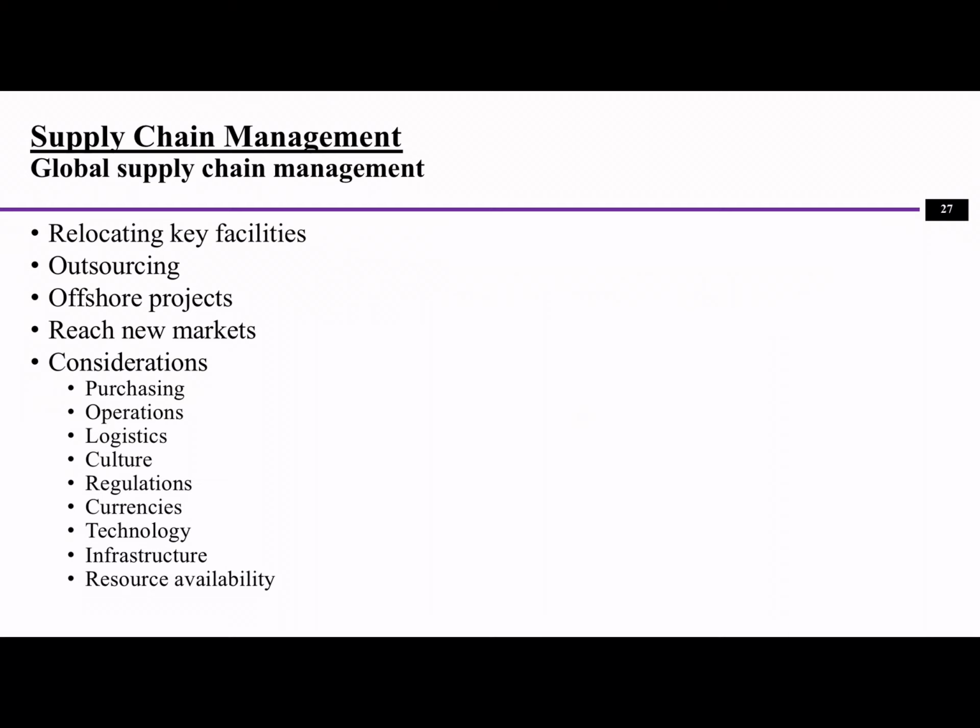But when you are relocating those facilities, or having this global supply chain, you might want to think about a lot of other factors, because cultural differences and local laws and regulations are probably going to play a big part in your decision making, right?